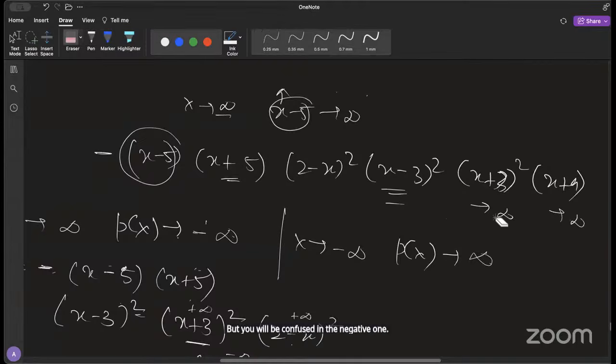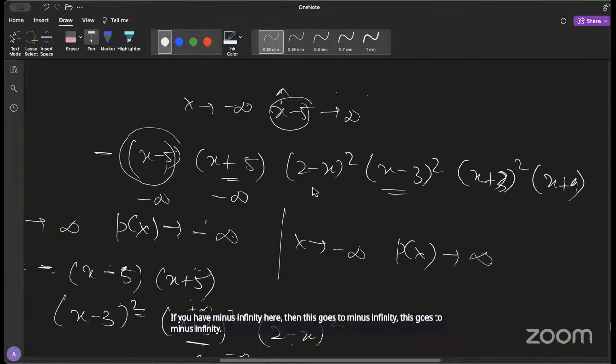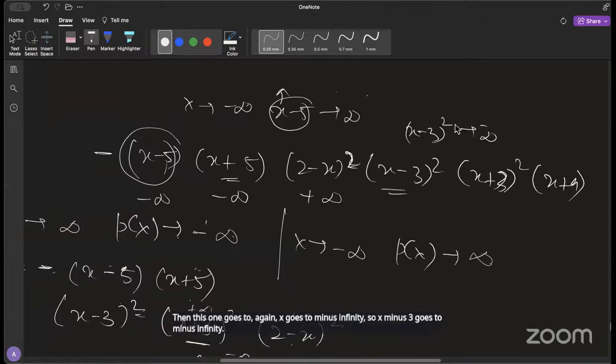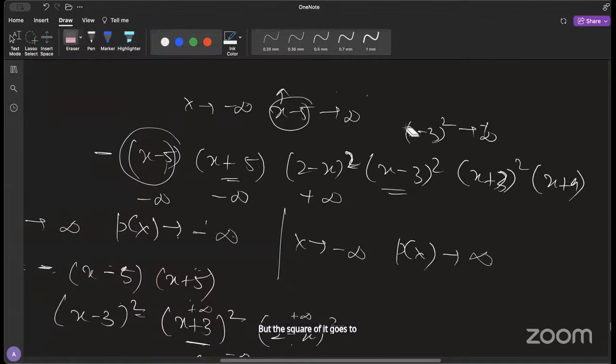Should I explain the negative one too? If you have minus infinity here, then this goes to minus infinity. This goes to minus infinity. This one goes to plus infinity because we have a square here. Again, x goes to minus infinity, so x minus 3 goes to minus infinity, but the square of it goes to plus infinity.